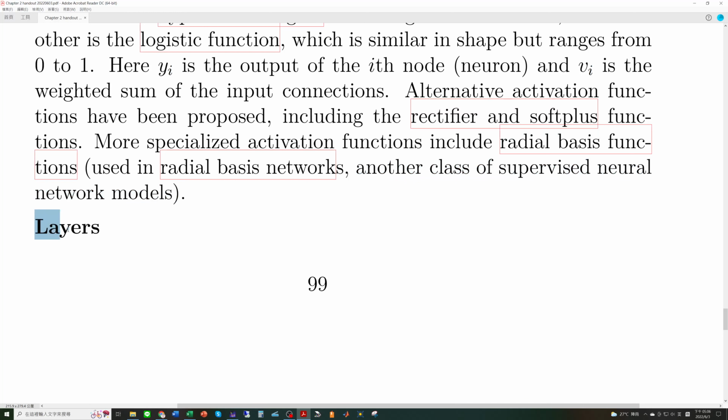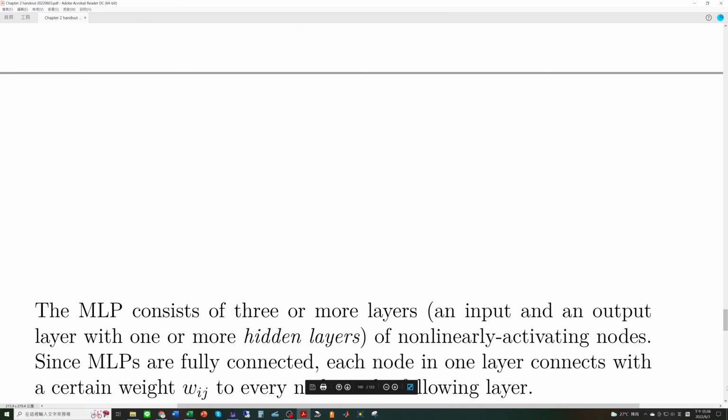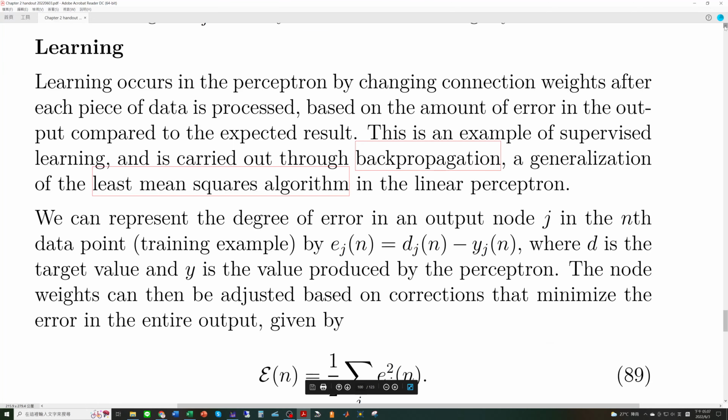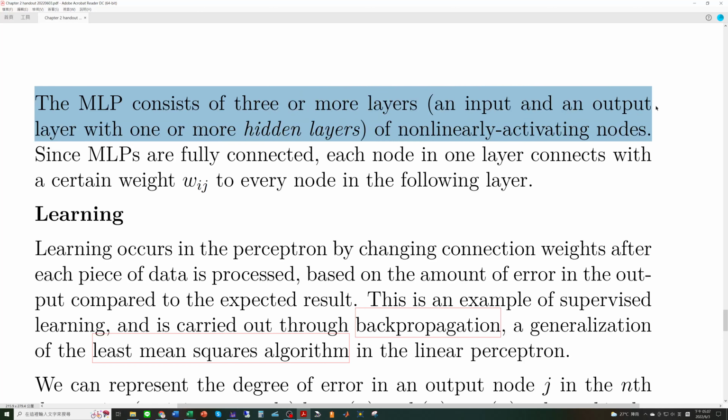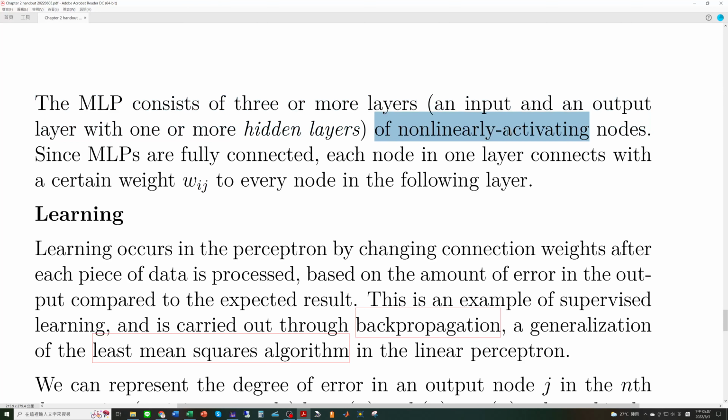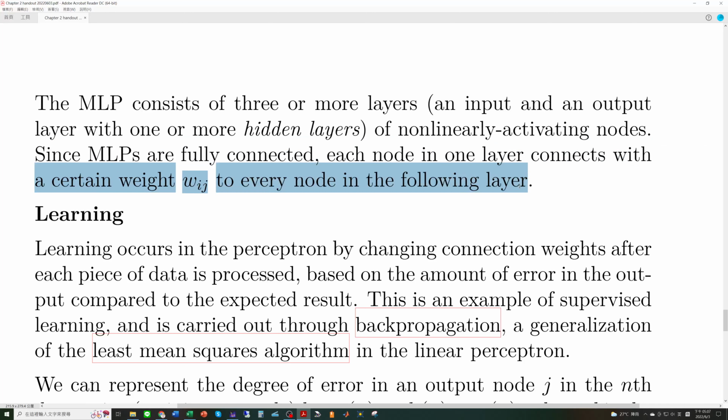Okay, next let us see layers. The MLP consists of 3 or more layers: an input and an output layer with 1 or more hidden layers of nonlinearly activating nodes. Since MLPs are fully connected, each node in one layer connects with a certain weight Wij to every node in the following layer.